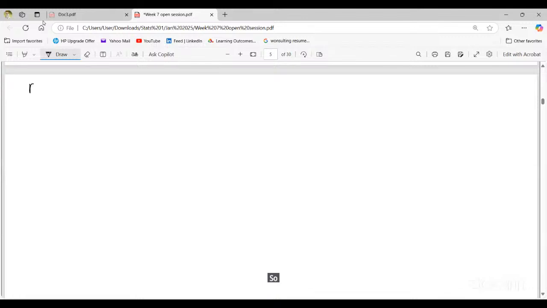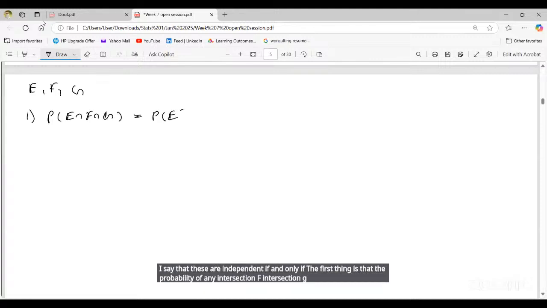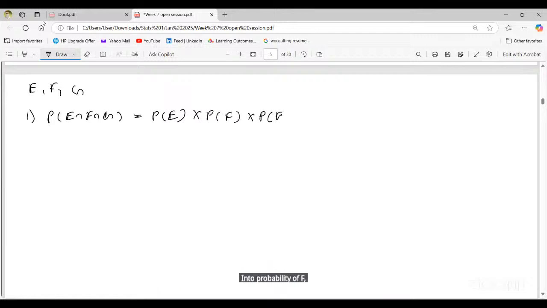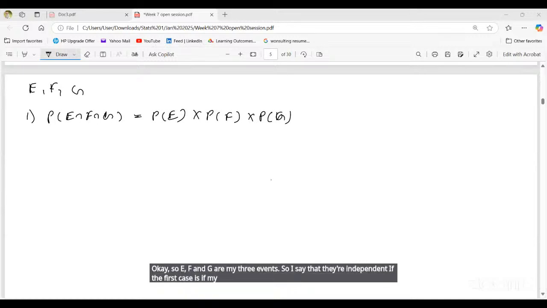If I have three events E, F, and G, I say that they are independent if and only if the following hold. First, the probability of E intersection F intersection G should be equal to the product of their individual probabilities.